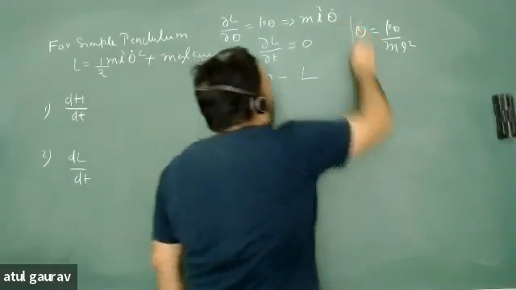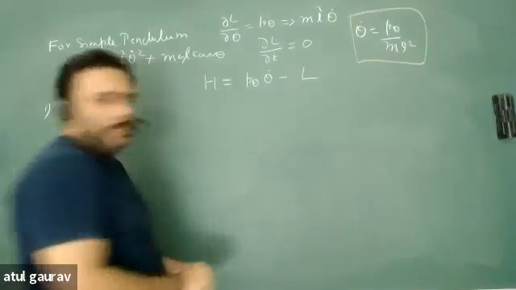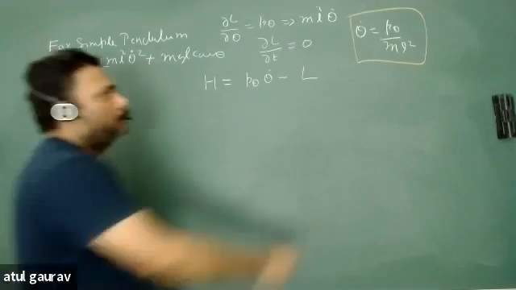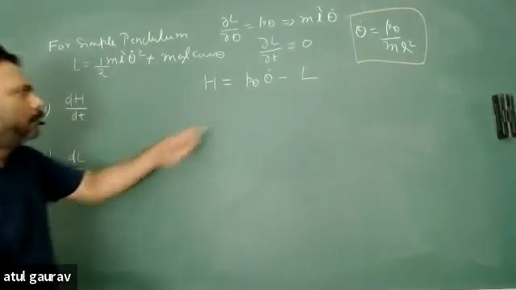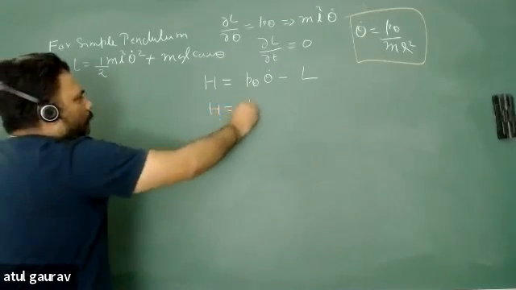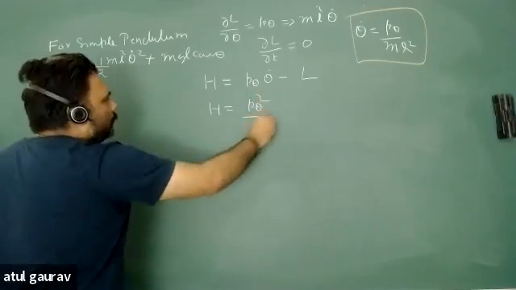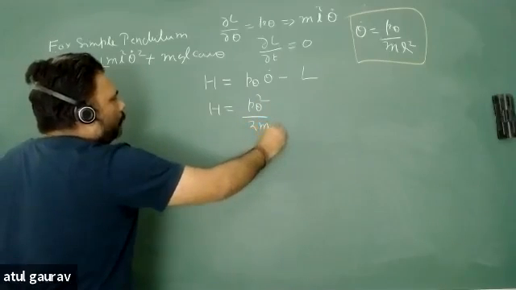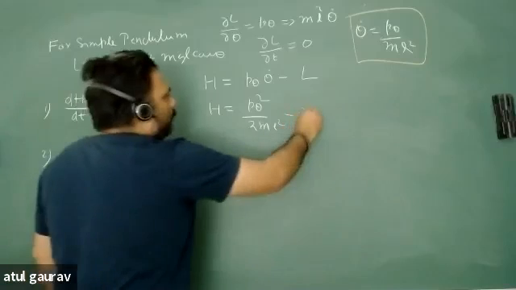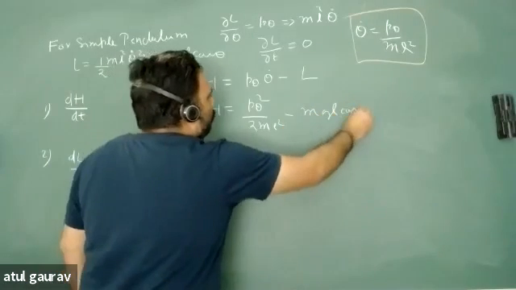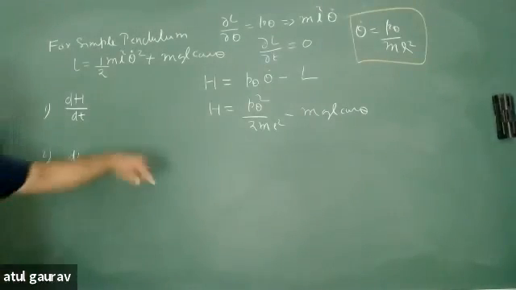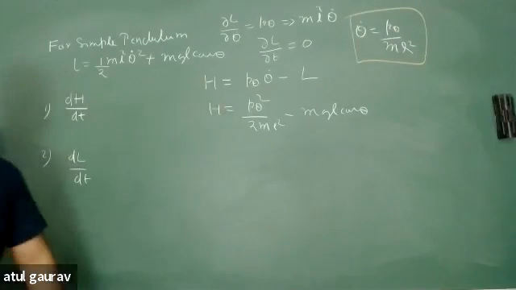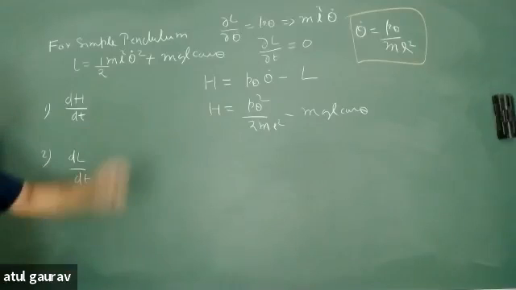We know this relationship. I have done it in the last class also. I can put it here, and what I will get is the Hamiltonian as P theta square upon 2ml square minus mgl cos theta. So this is my Hamiltonian, don't worry. I have done it in the last class, so I didn't do any calculation, but I can use it.